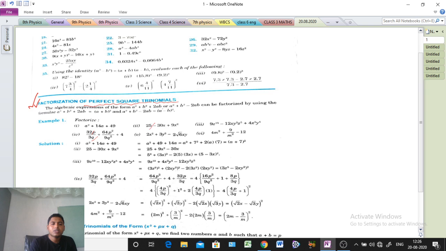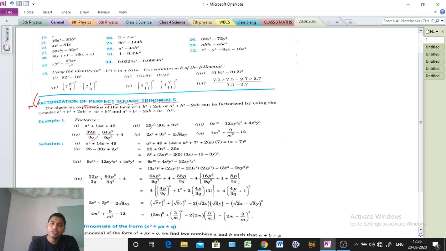Trinomials means here how many terms are there? 3 terms. Tri means 3, so that's why it's telling trinomials, and it will come in a perfect square. So this topic is called factorization of perfect square trinomials.